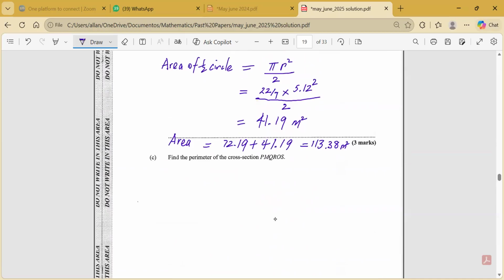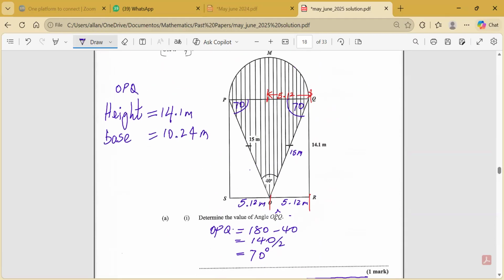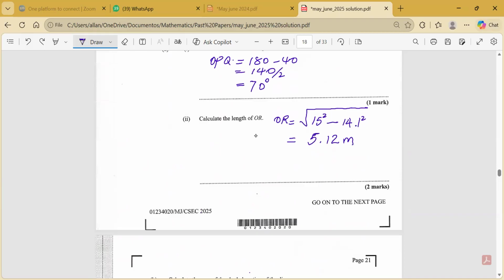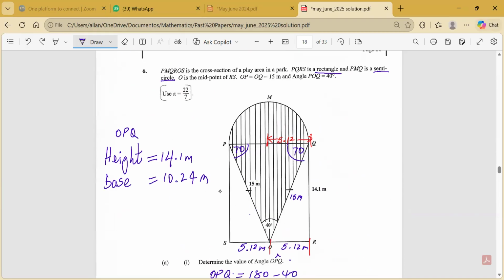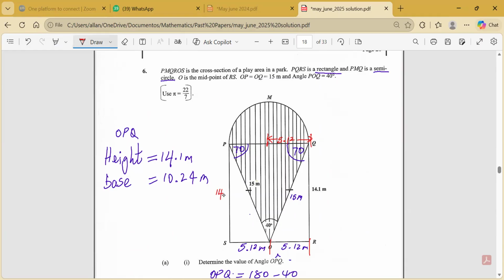Find the perimeter of the cross section. Let's go back. The perimeter of the whole thing. Now we know this distance already. So the perimeter of the whole shape is 14.1 plus 14.1 plus 10.24.